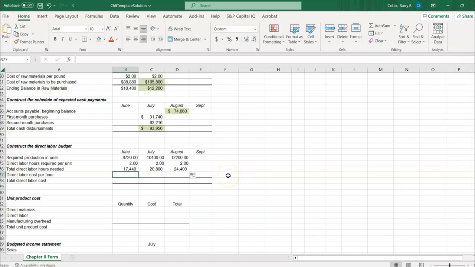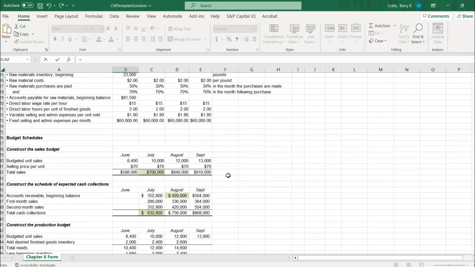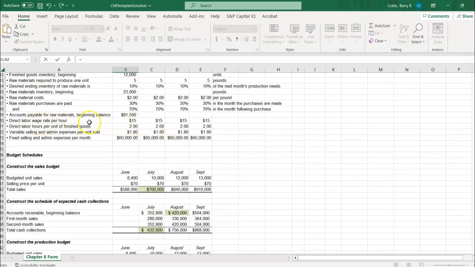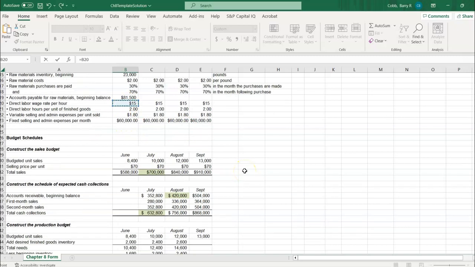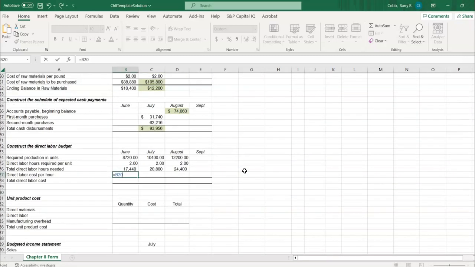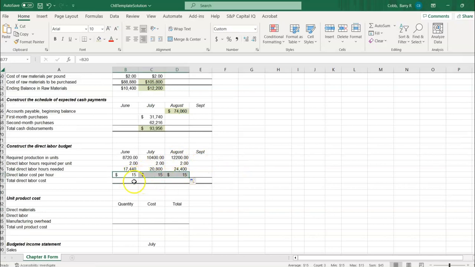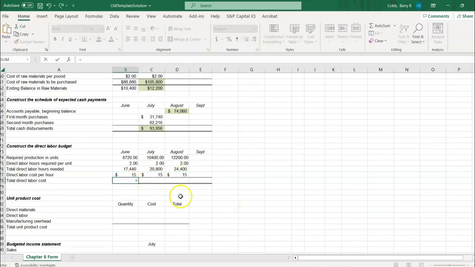Now there's an hourly labor cost, and that's also an assumption provided. It's on line 20. The direct labor wage rate per hour is 15. So that means that the total direct labor cost is the direct labor hours needed times the direct labor cost per hour.